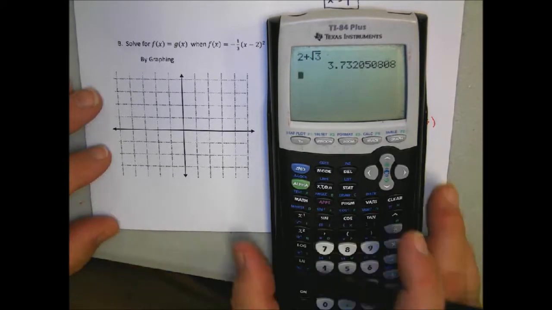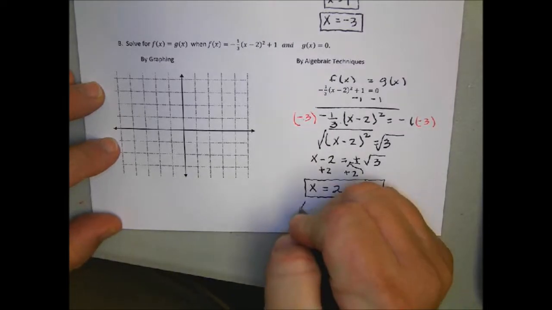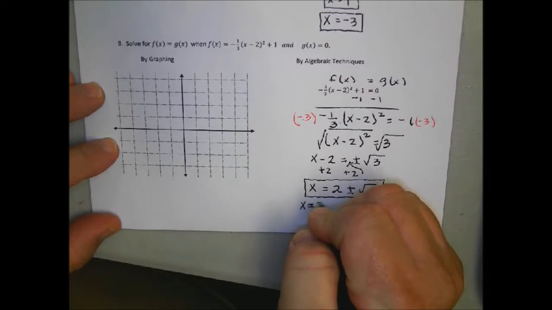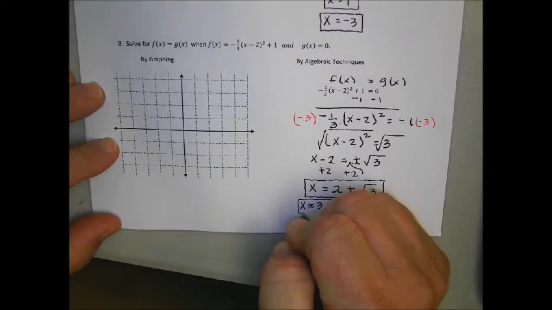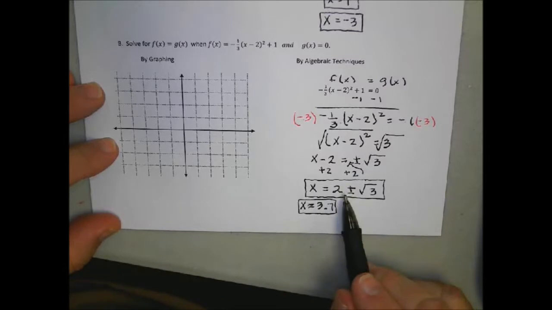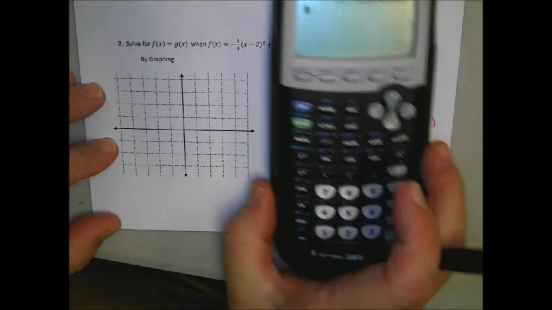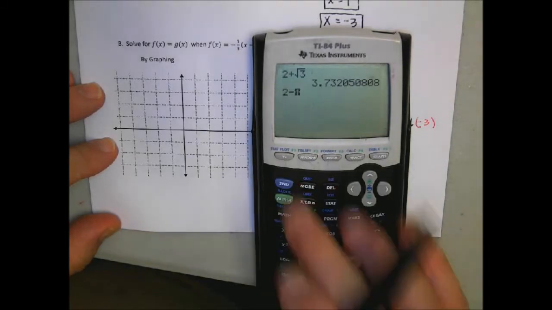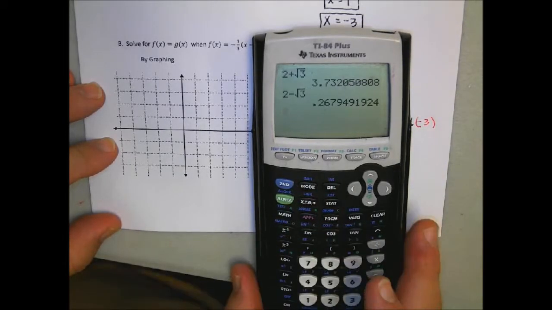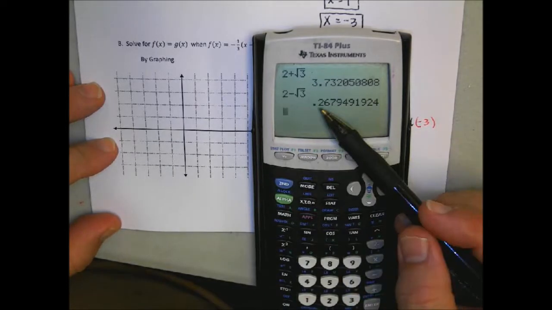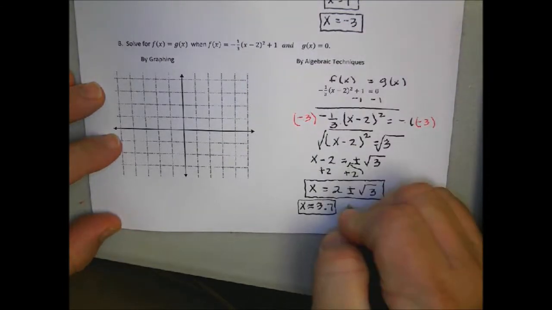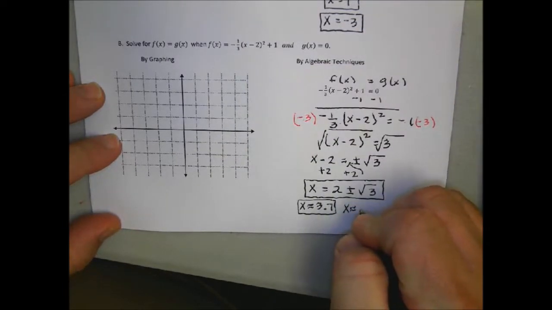Now to round to the nearest tenth, that would just be 3.7. So x equals approximately 3.7. Now I'm going to go the other way on my calculator. 2 minus the square root of 3 equals, to the nearest tenth, just 0.3. So x is approximately 0.3.